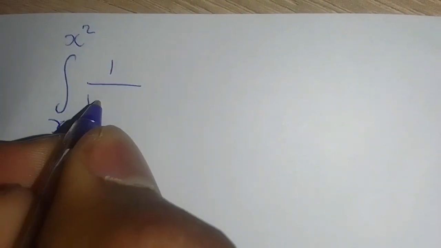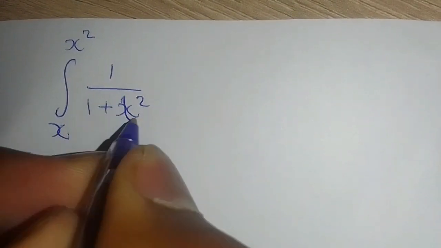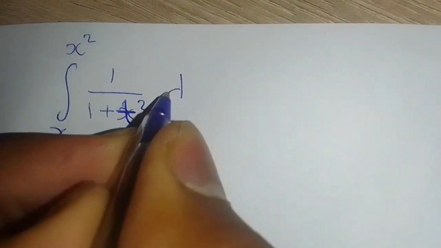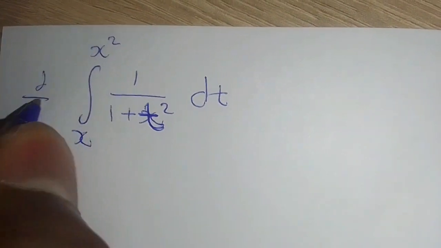Okay, so let's say you have a function from x to x squared of 1 over 1 plus t squared dt, and you have d over dx of that.